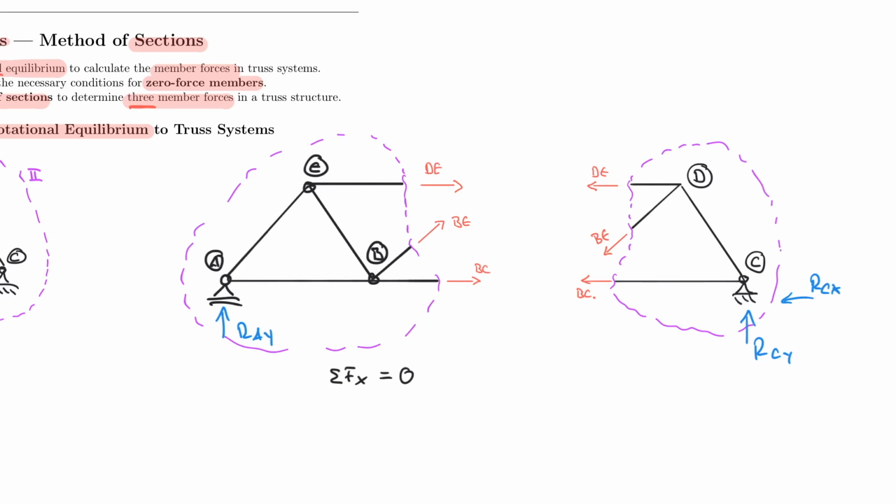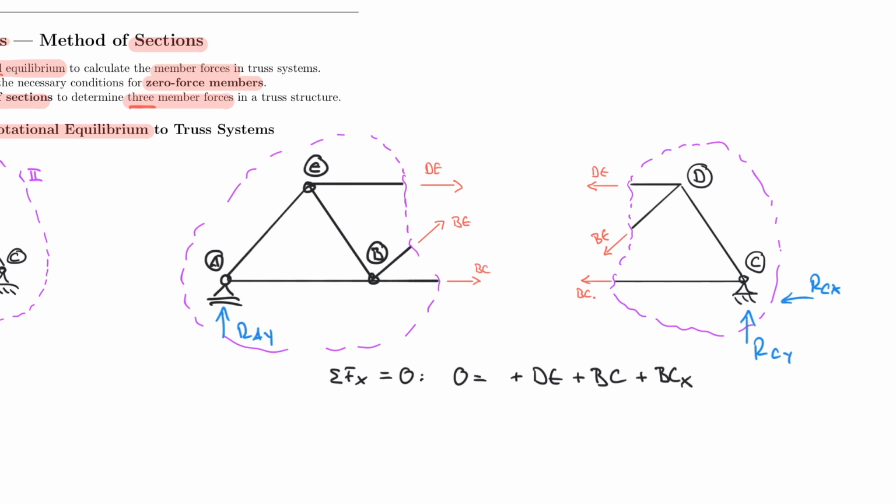So the sum of the forces in X is equal to 0, and 0 would be equal to plus DE plus BC, but also plus BEX, right? So we have first DE, BC, and also the X component of BE. So we have one equation with three unknowns effectively. That does not really help us as of right now.